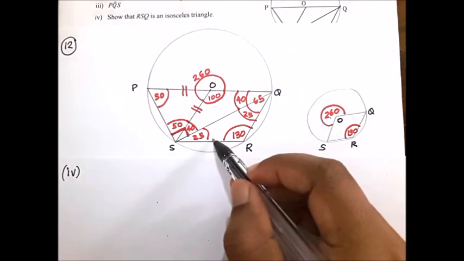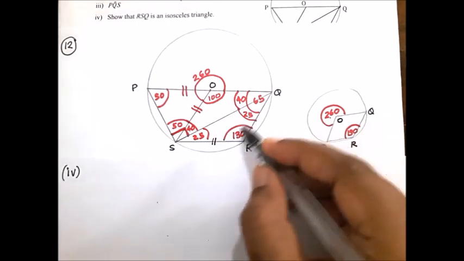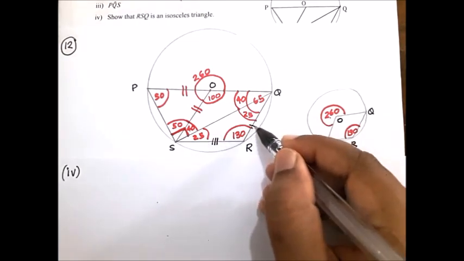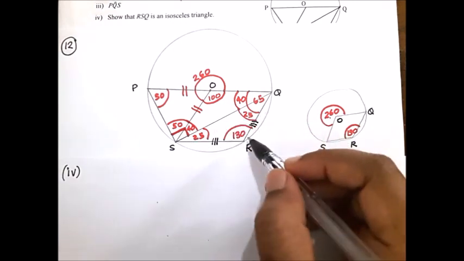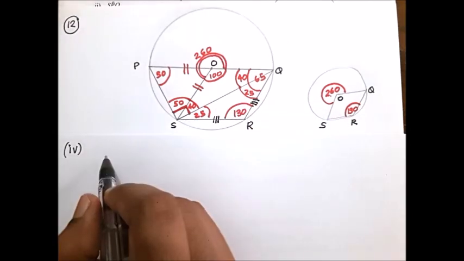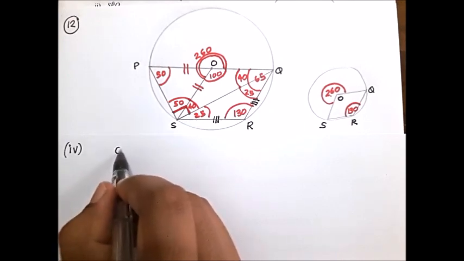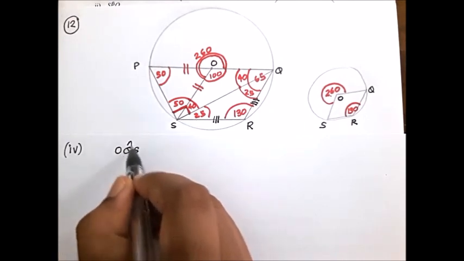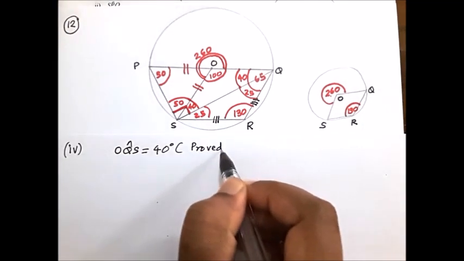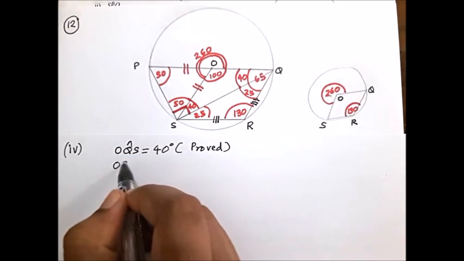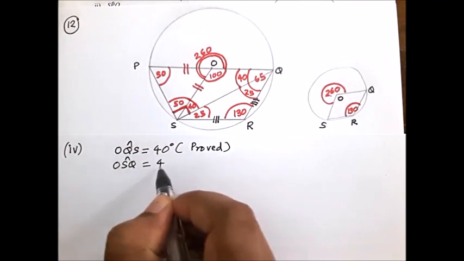Here opposite sides are SR and RQ. If two sides are equal, this is an isosceles triangle. OQS is equal 40 degrees, proved above. And OSQ also 40 degrees.